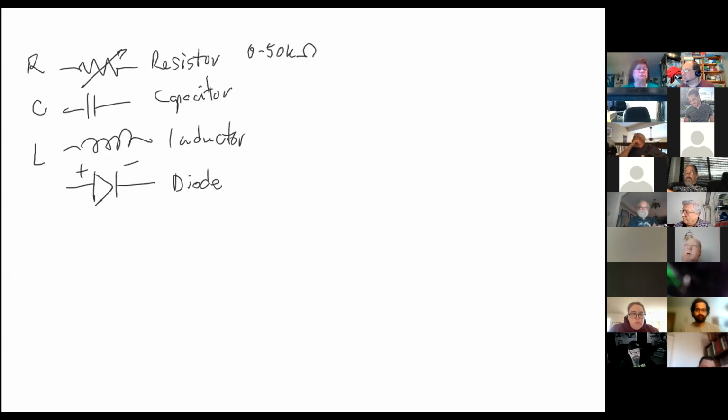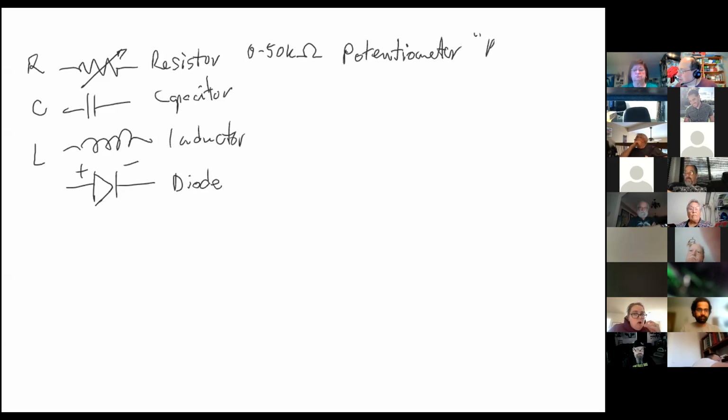And that would be measured in ohms. That would be called a pot or a potentiometer. And what is that word? A pot. Oh, potential, for potential? Yeah, potentiometer. Okay. Also known as a pot. So that'd be like a 50K pot.